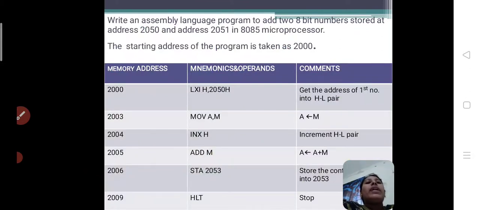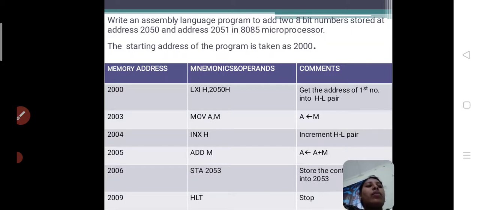Write an assembly language program to add two 8-bit numbers stored at address 2050 and address 2051 in the 8085 microprocessor. The starting address of the program is taken as 2000. So first my aim is to write the assembly language program for addition of two 8-bit numbers.